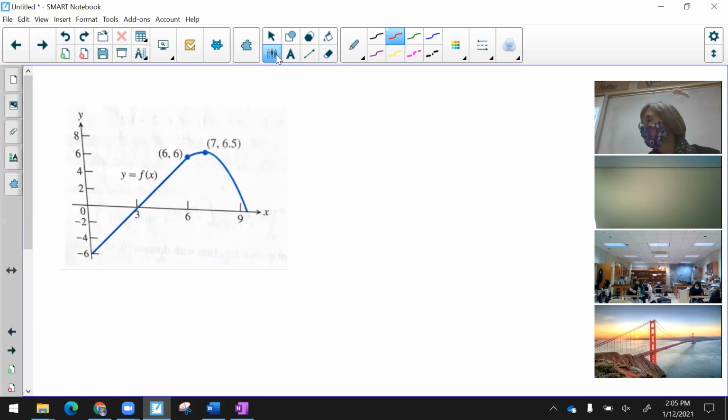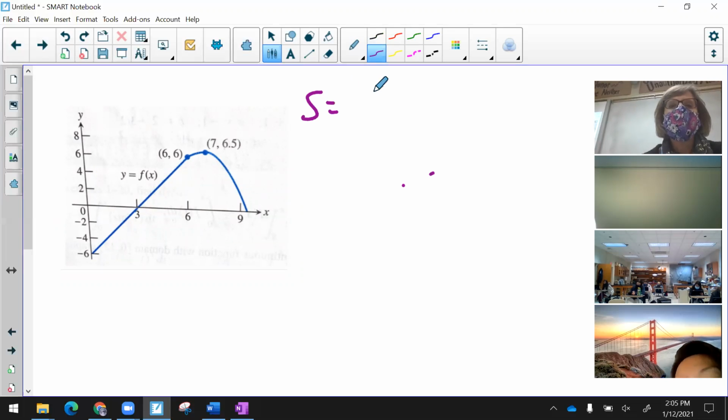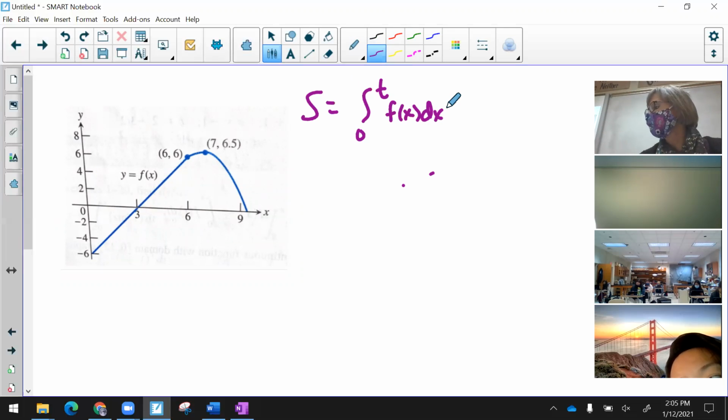The position at time t of a particle moving through the coordinate system is given as s equal to the integral from 0 to t of f of x dx, in meters.